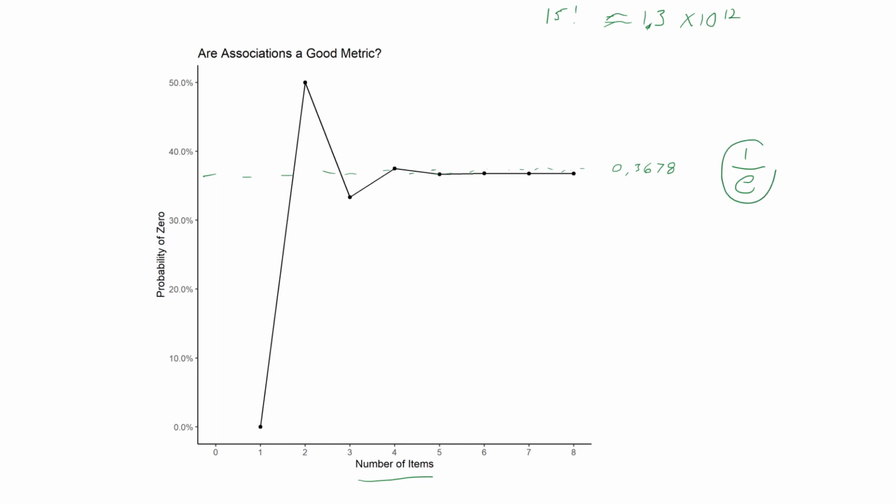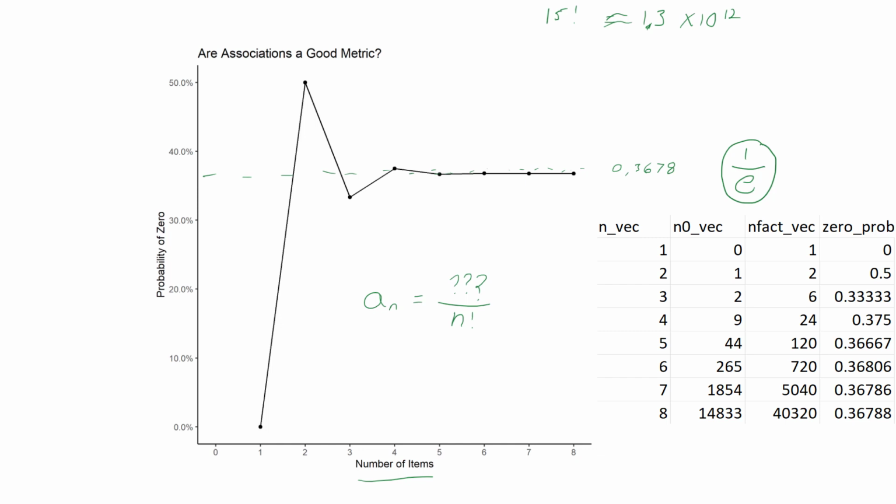I don't know the stats behind it too much, or the combinatorics behind it, but maybe someone can talk about it. We know that the denominator is definitely n factorial. And the numerator, I'm not sure. I'm not sure what the relationship is that we saw in the Excel sheet between n and the number of ways it can be 0.